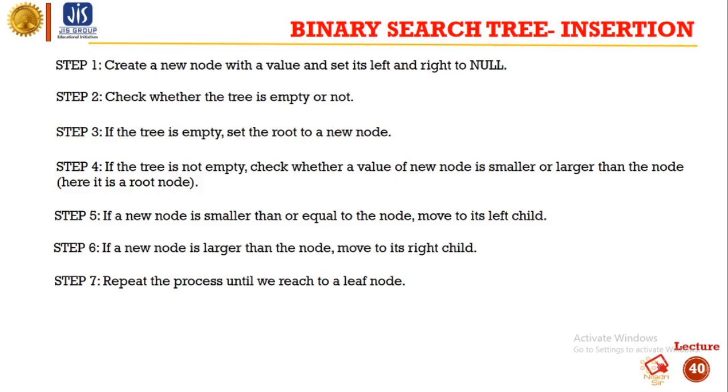Next, in step 5, if the new node is smaller than or equal to the node, we move to its left child. In step 6, if the new node is larger than the node, we move to its right child. And in step 7, we repeat this process until we reach a leaf node. So this is the process to insert an element into a binary search tree.